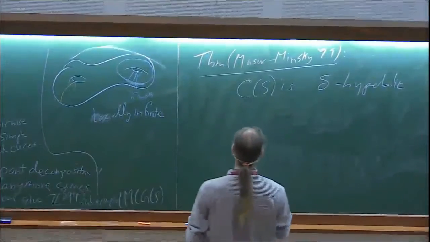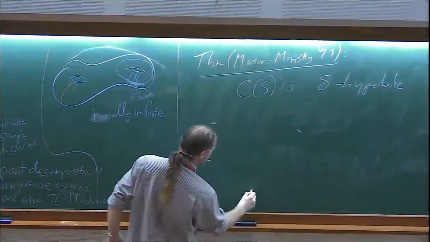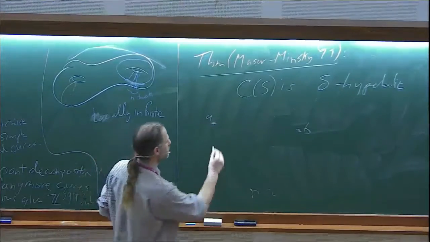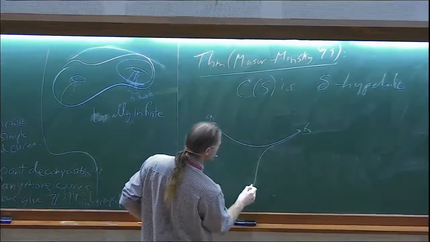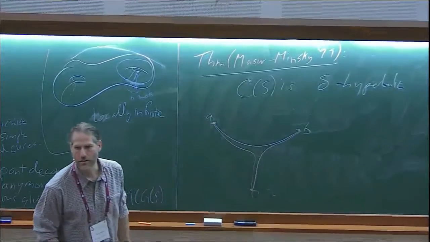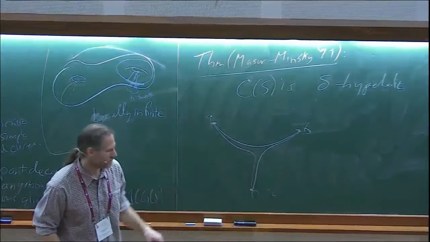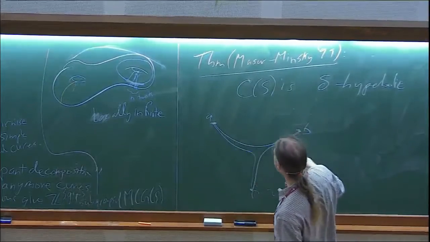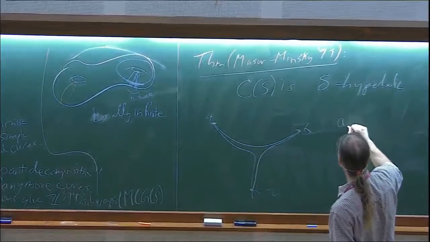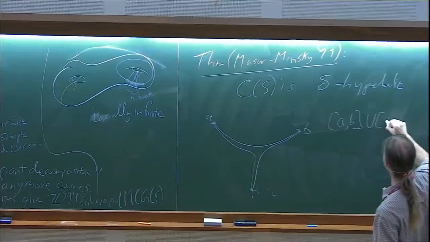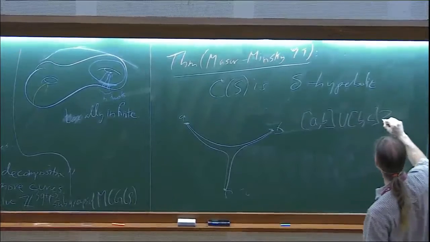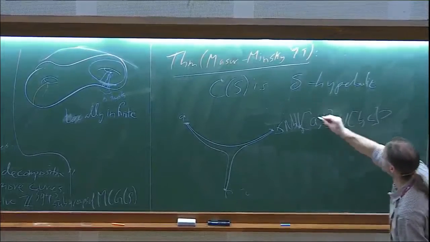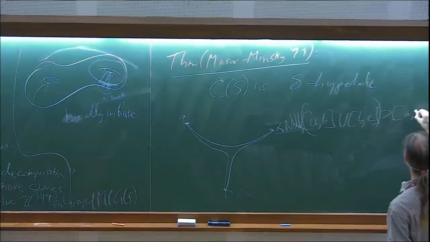Okay, just to draw a picture of what that means, it means that if we take any points A, B, and C, and we look at a geodesic triangle connecting them, there may be lots of different choices of what those geodesics look like, but any geodesic triangle connecting them gives a picture that looks something like this. Very concretely, that means there exists some constant delta, and if I pick two of these geodesics, say AB union BC, then the neighborhood of radius delta around this contains AC.